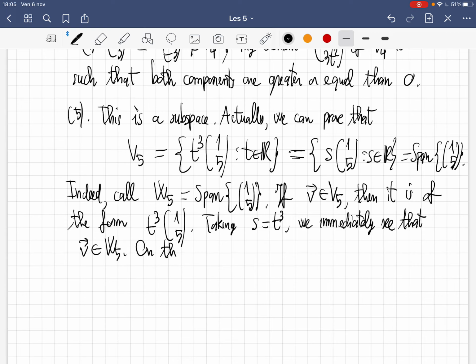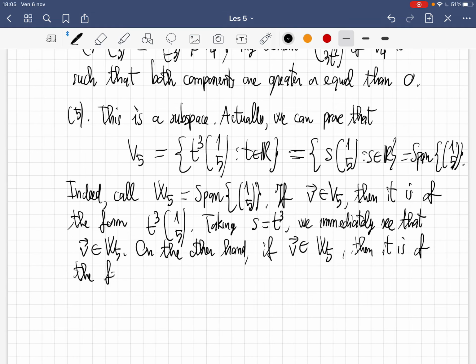On the other hand, if any vector lies in W5, in this span, then it is of the form s(1, 5).